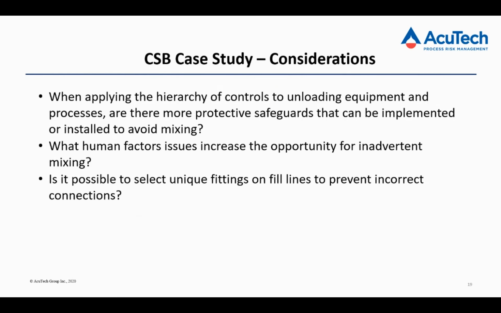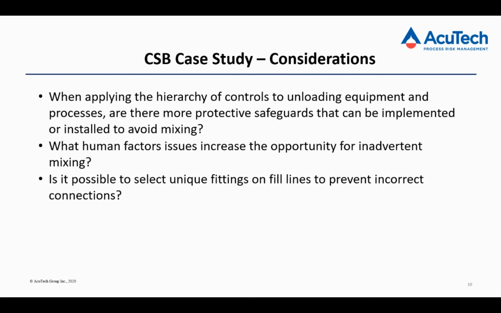Other things to think about, with respect to the hierarchy of controls. MGPI relied a lot on procedural safeguards. Again, just the labeling, the operators following the procedure, going out there with the driver to explain what's going to happen.